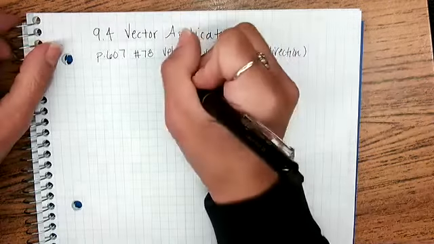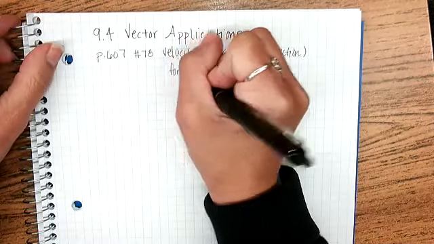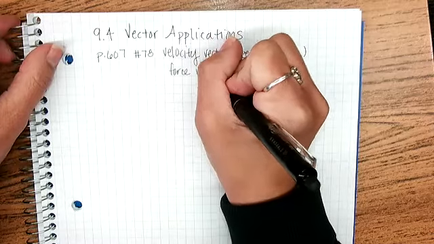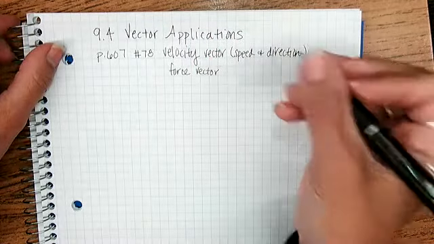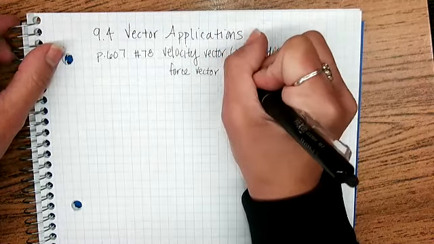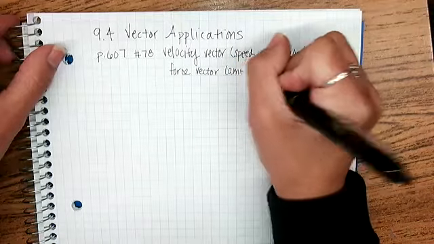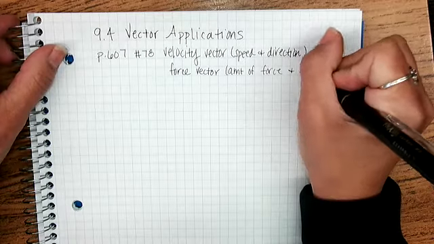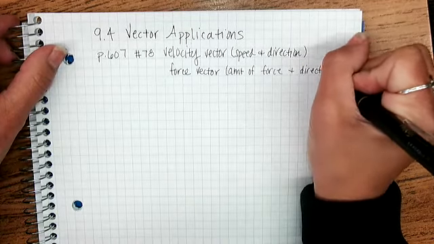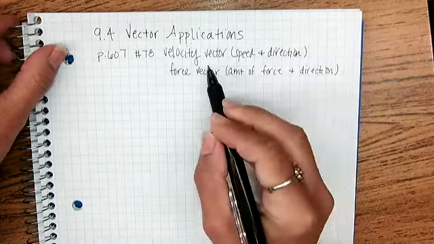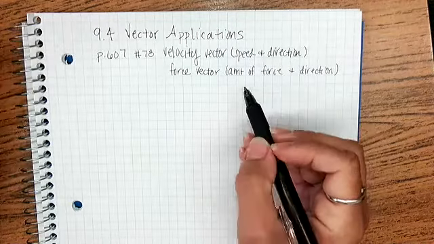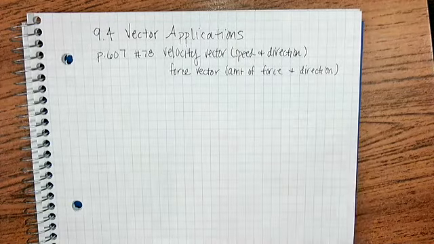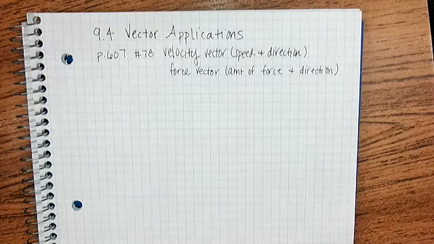And the force vector is the amount of force and direction. So notice they both involve direction. How fast are you going, in what direction, and how much force is being applied to whatever it is, the box, the car, or whatever. And they both have direction.